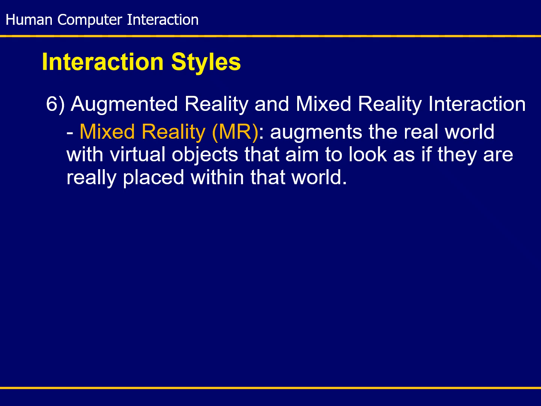Okay, so there's a difference between overlaying information on top of a display and integrating the information or the virtual object in the scene that you're looking at through the phone.